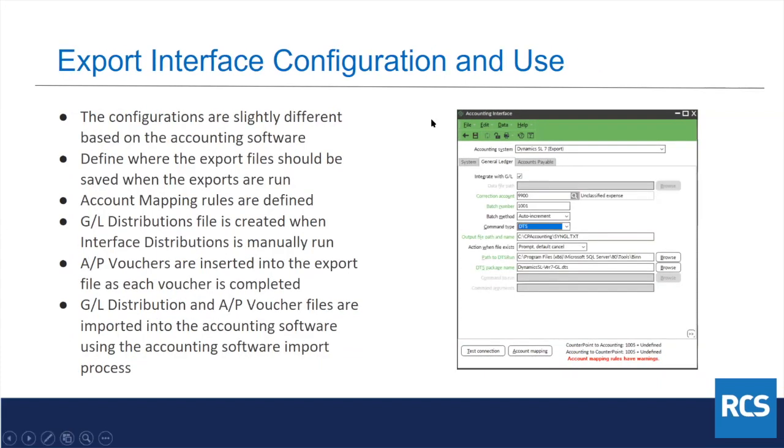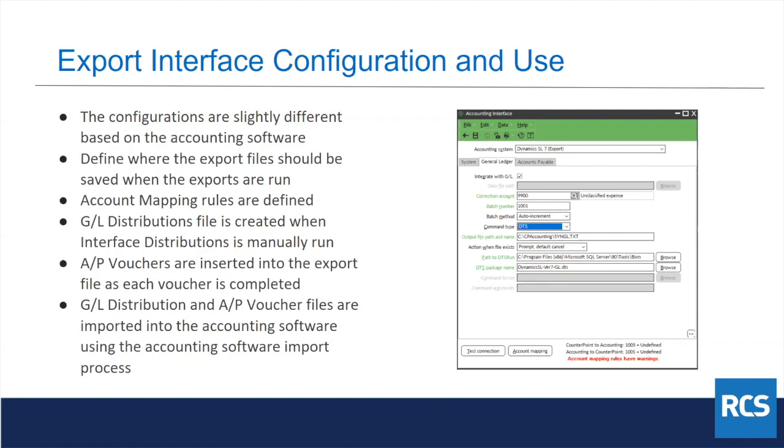Then the export interface, again, depending on the software that we pick, we're going to have some different information that we need to enter. One of the differences there is that we're telling the system where we want to save those export files that are coming out of Counterpoint when we actually run the export interface. So it just goes into a file, and then we go into your accounting system and import those files.